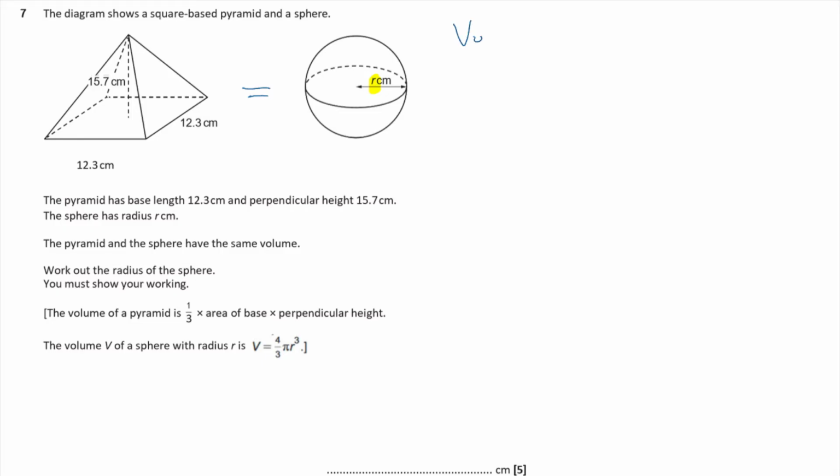So the volume of the pyramid is, what's that then? The formula is down here. It's 1/3 times the area of the base times the perpendicular height.